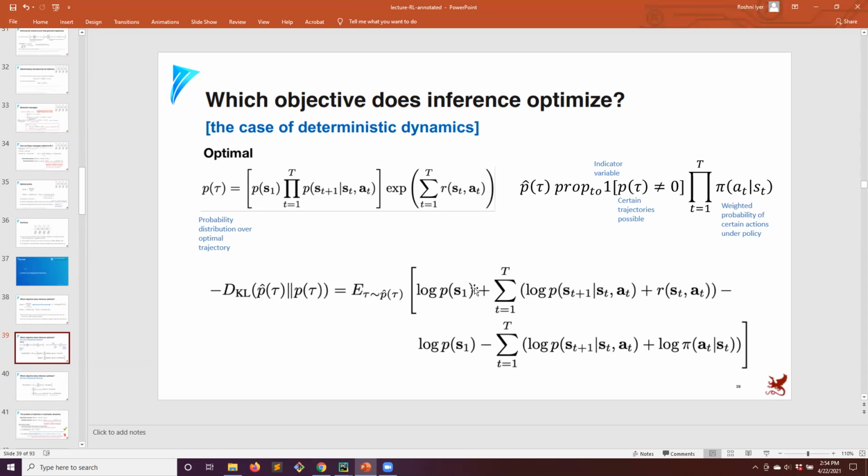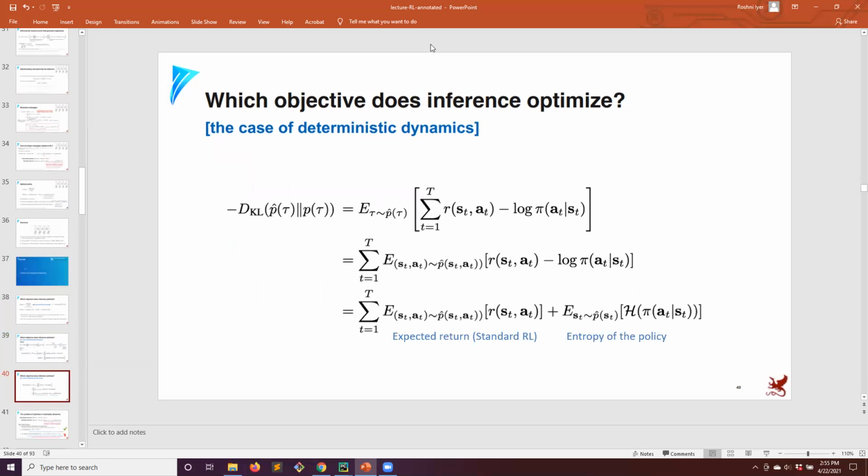So this part here will cancel out, and then also this one. So essentially what we are left with is this reward minus the log of this policy of this action given the state. So that's what we write over here.